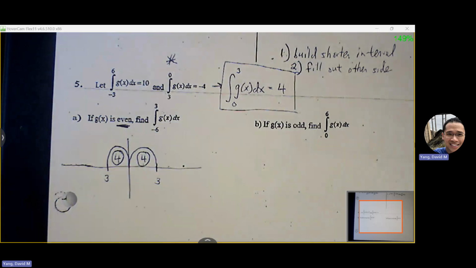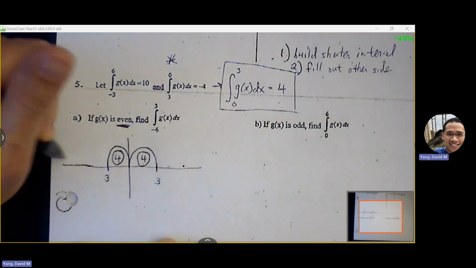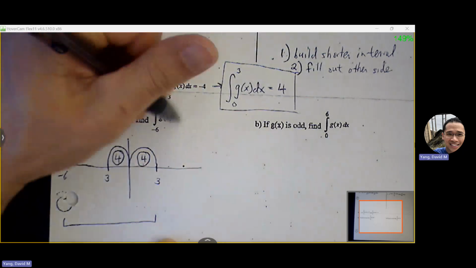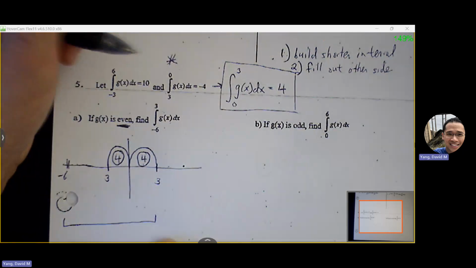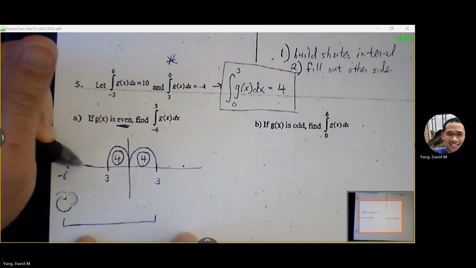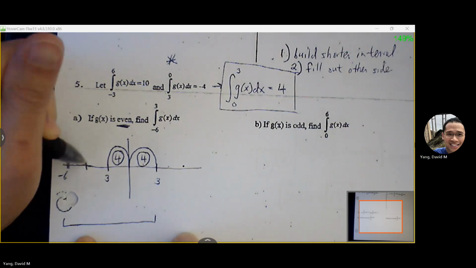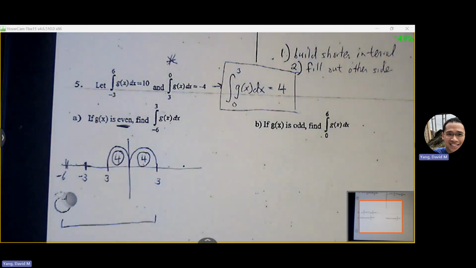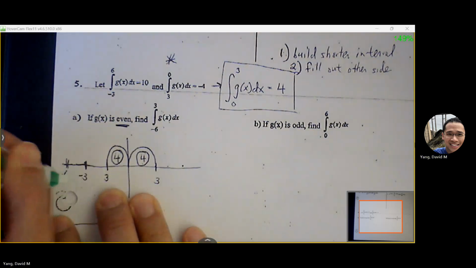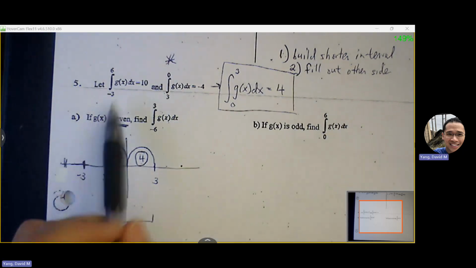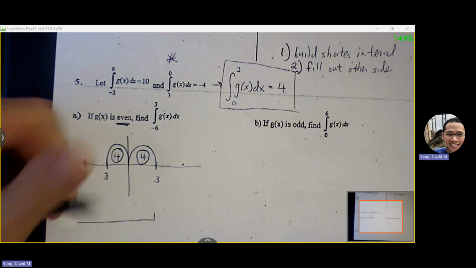Okay. So we want to figure out from -6 to 3, I'm sorry, from -3 to 6, my bad. That's not what we're given. The other property that's given to us is from -3 to 6.